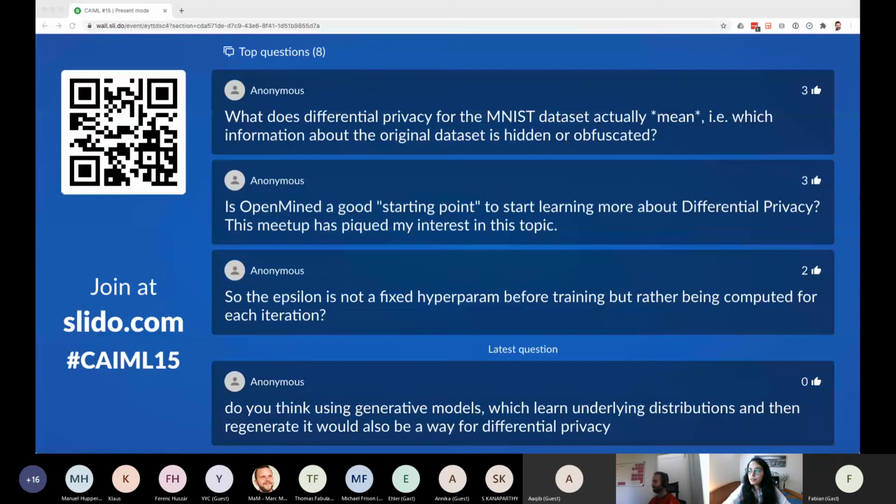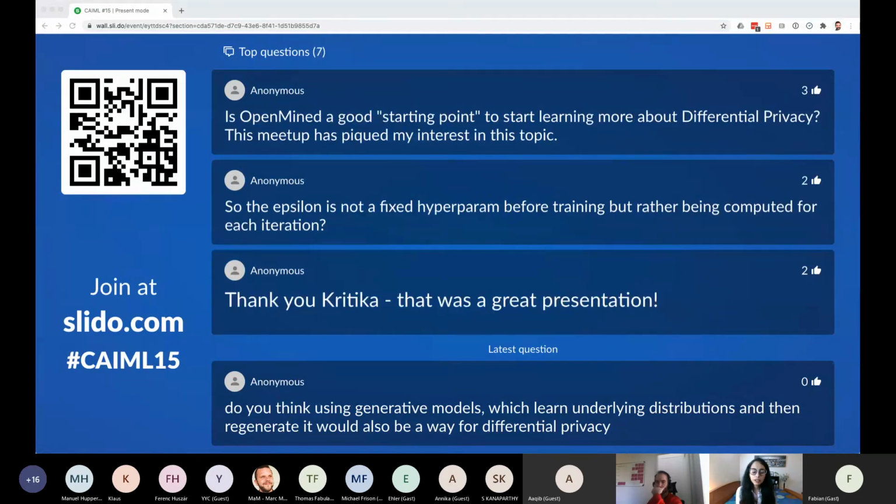So that's the key trade-off. Okay, next really fascinating question. What does differential privacy mean for the MNIST dataset, and what information about the original dataset is hidden or obfuscated? MNIST is based on handwritten digits. So the key question for some adversary is: was Fabian's handwriting of the digits from 0 to 9 in the data set or not?